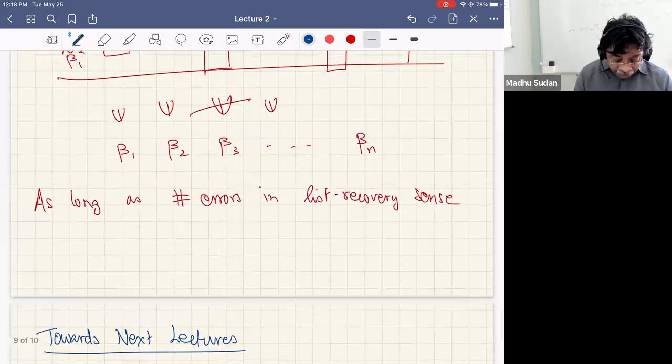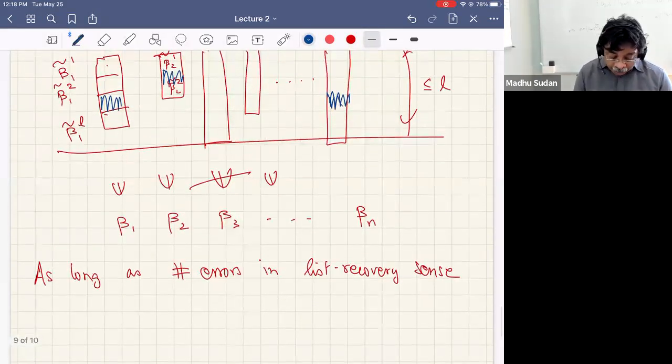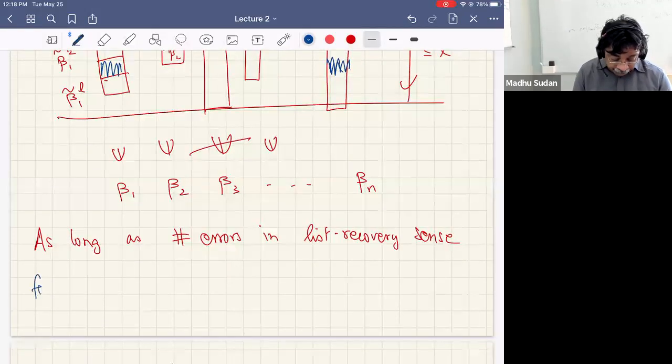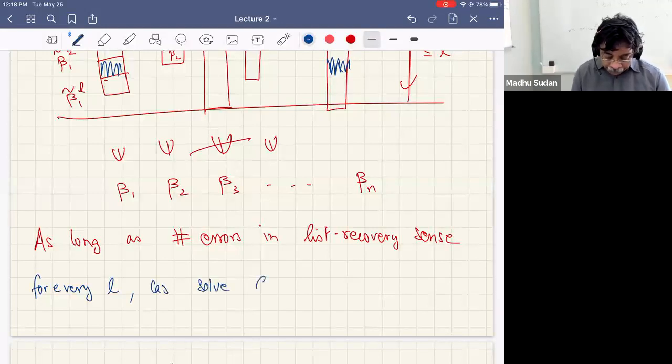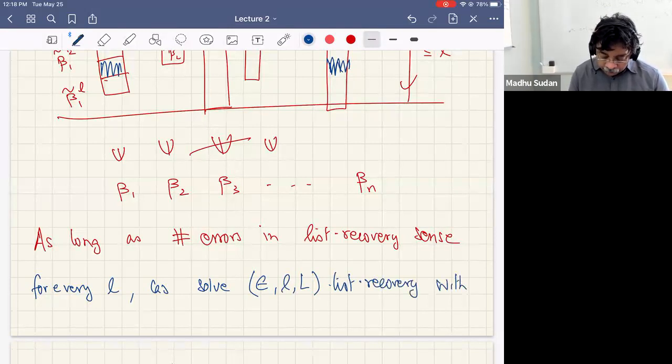And list recovery power over here is the following. You can take, for every L, epsilon-L list recovery with rate 1 minus epsilon minus delta.